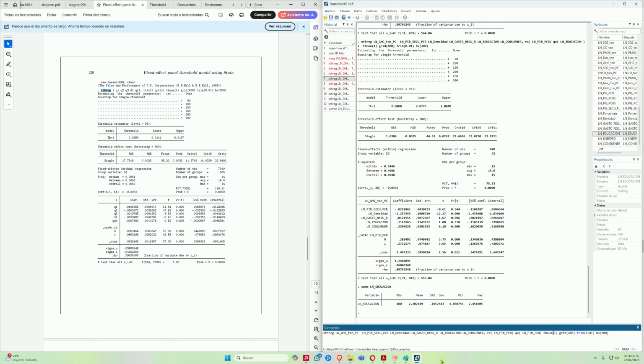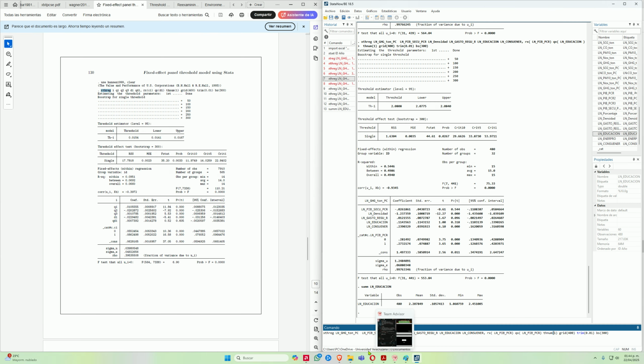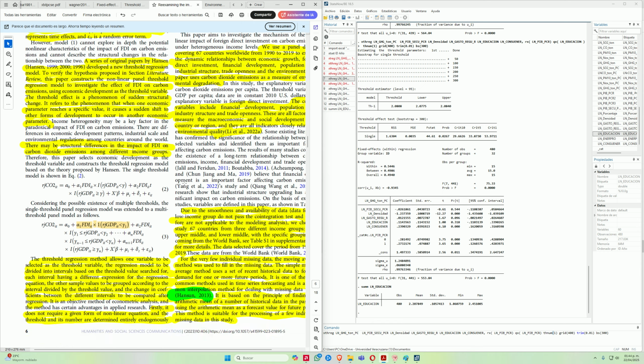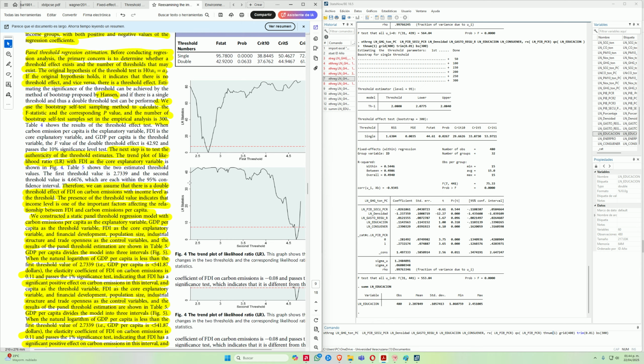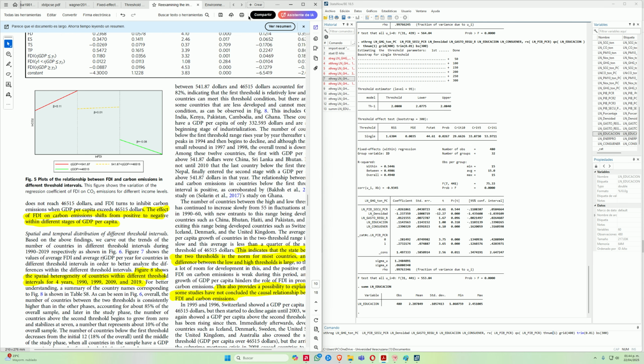Threshold number is the number of thresholds that our model has. In this case, it is two thresholds. One threshold is only one line. For example, in this paper, we have two thresholds, here and here.